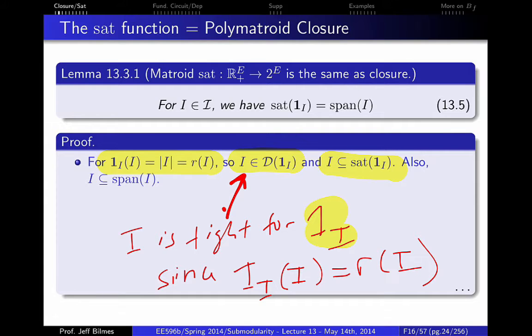Now we also know that I is a subset of span of I, right? Any set is a subset of its own span. So far what we've got is that I is a subset of SAT of 1 sub I, and I is a subset of span of I.